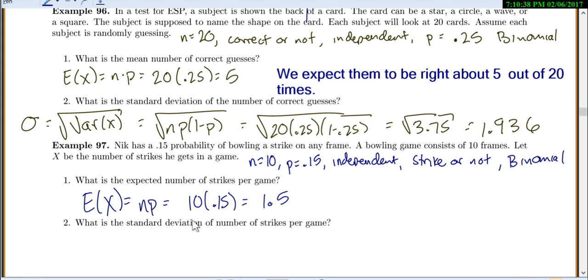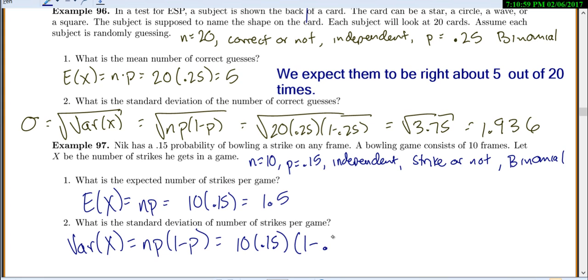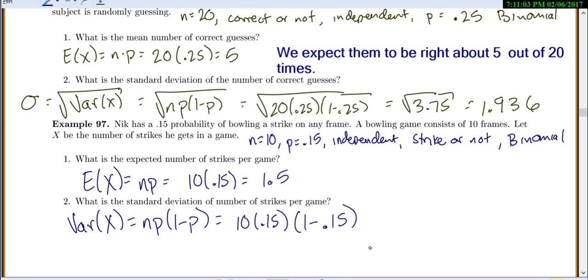And what is the standard deviation of the number of strikes per game? We didn't learn a formula for standard deviation, did we? But we learned a formula for variance. Variance is np times 1 minus p. So 10 times 0.15 times 1 minus 0.15.